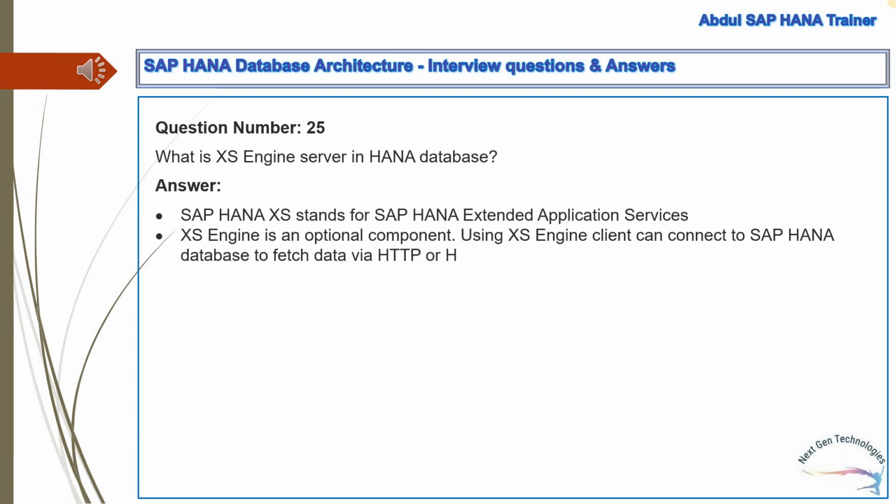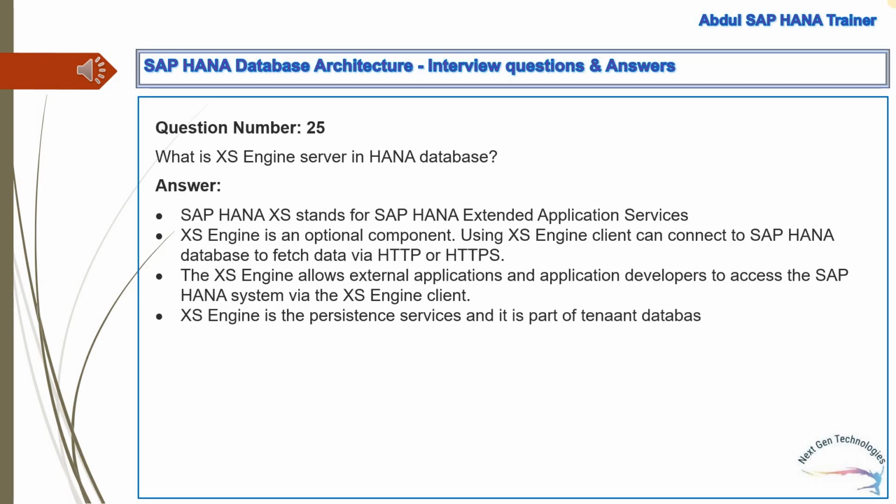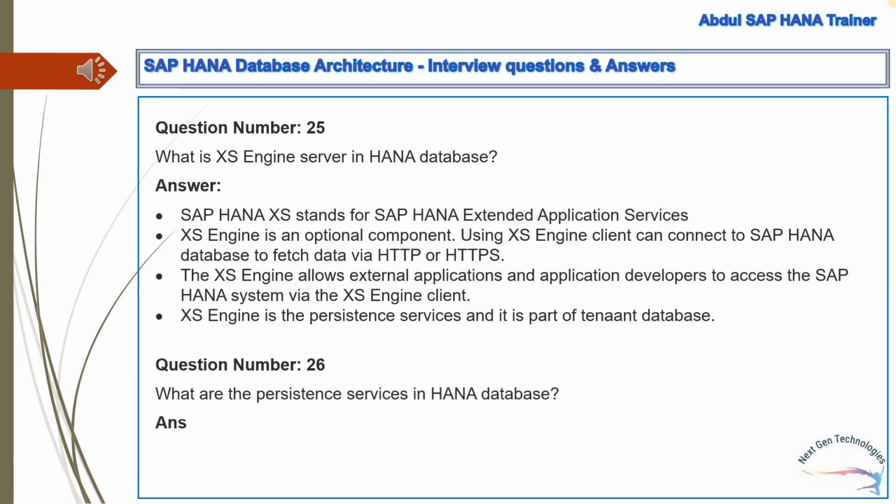Using Access Engine, a client can connect to the SAP HANA database to fetch data via HTTP or HTTPS. The Access Engine allows external applications and application developers to access the SAP HANA system via the Access Engine client. Access Engine is a persistence service and it is part of the tenant database.